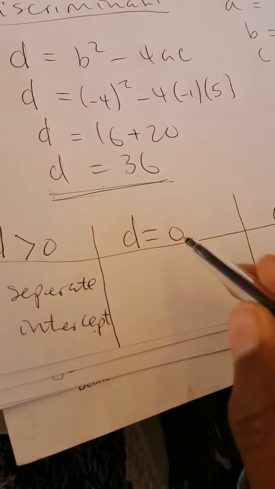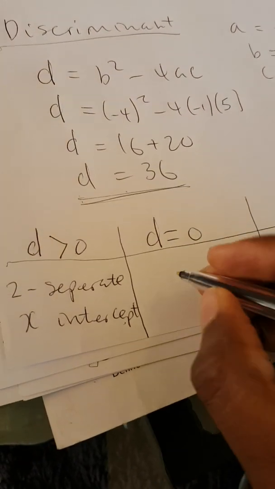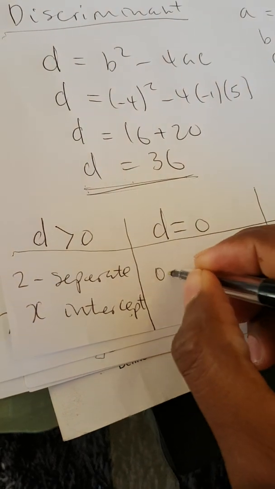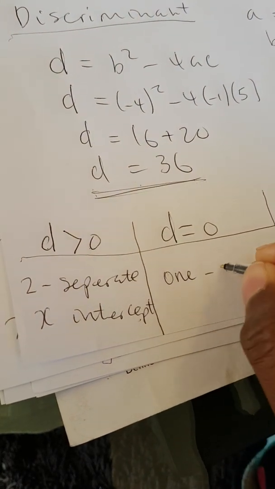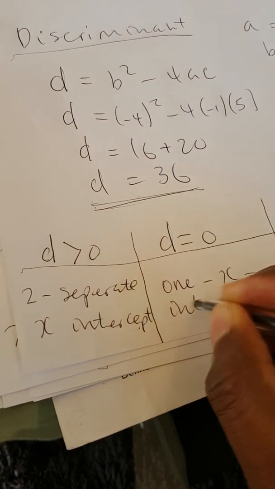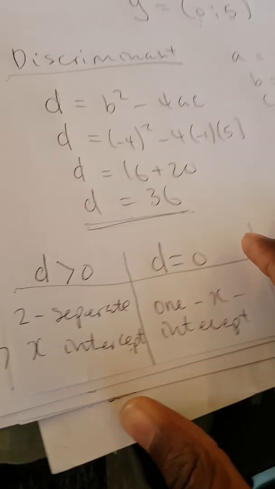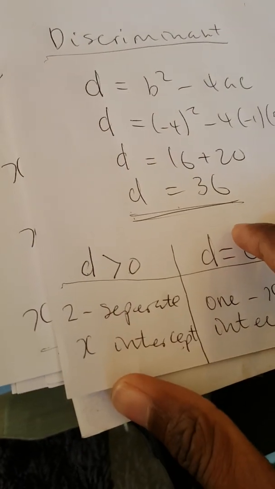So when D is equal to 0, what do you have? You only have one x-intercept. So how can someone see one x-intercept? Let me draw a graph here.